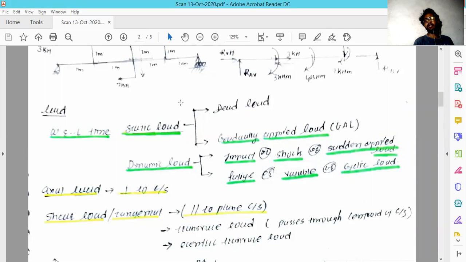Also, it's called fatigue load, a variable or cyclic load, and fatigue and cyclic load is such a kind of load which repeats after equal time. It's like the cam and follower kind of mechanism.